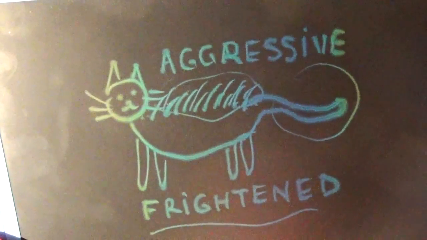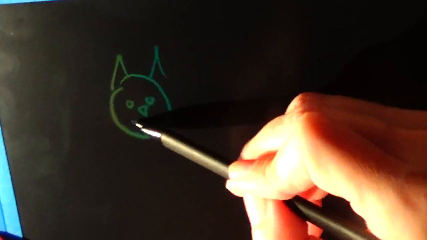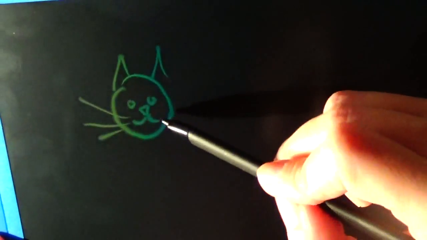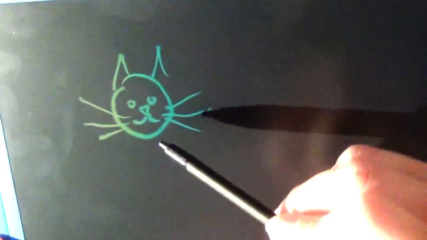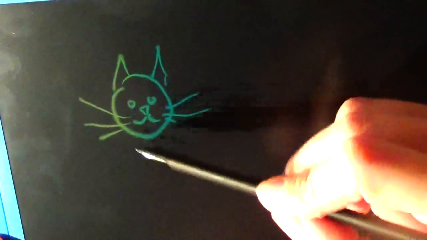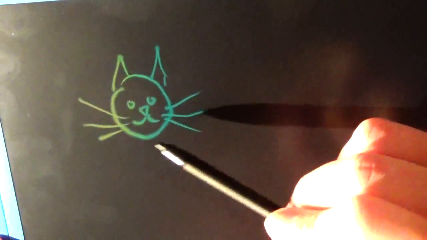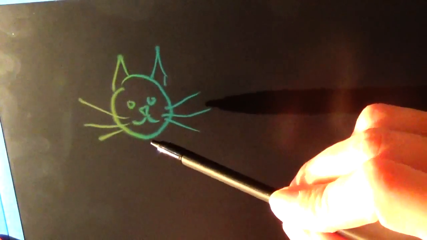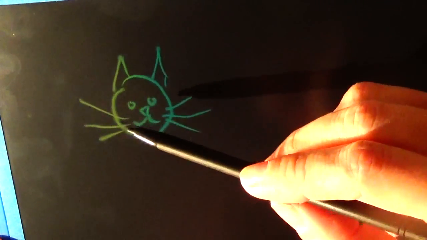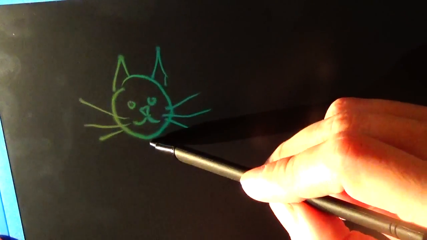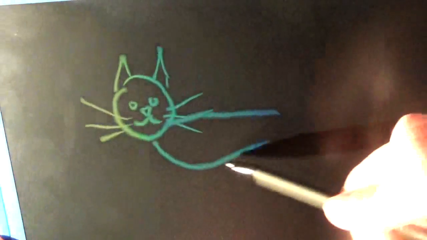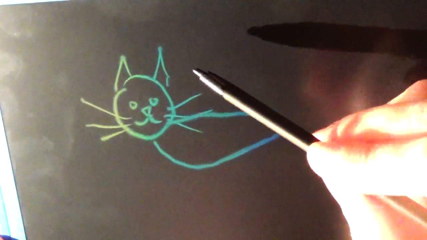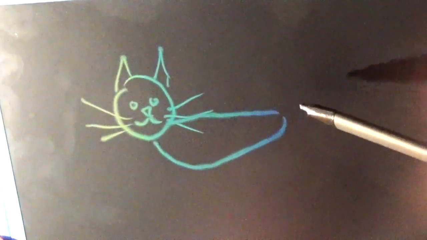Now let's analyze another cat behavior. Let's draw the cat again. Cats usually have longer whiskers than a dog. So this is the body of the cat. The fur is not sticking up this time.